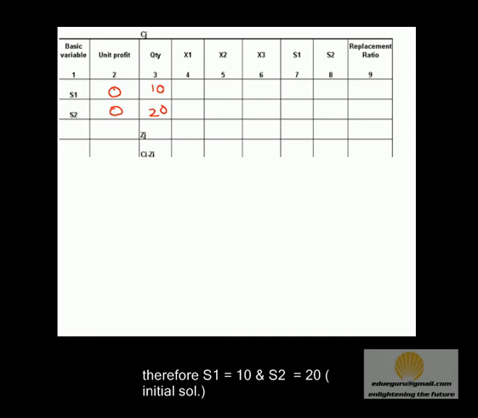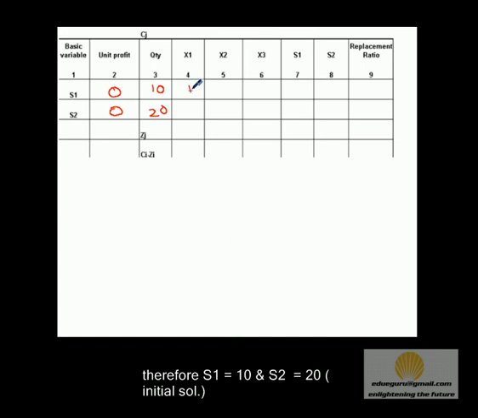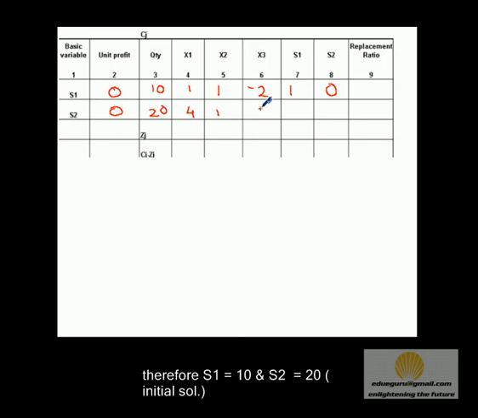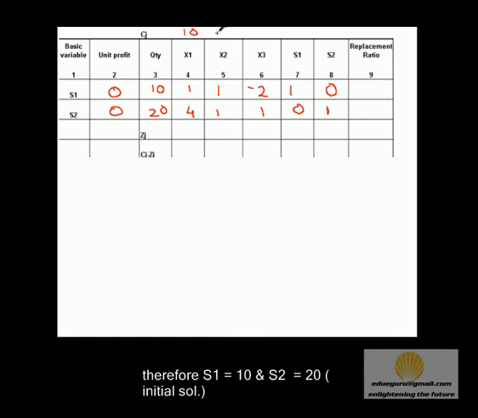Now we put all the coefficients given in the equations: 1, 1, minus 2, 1, 0 for the first, and 4, 1, 1, 0, 1 for the second. There are no slacks in the original equations, so we put 0.